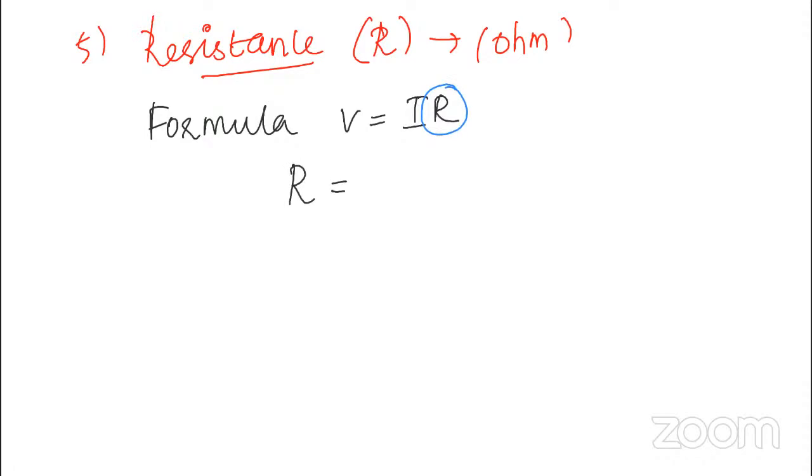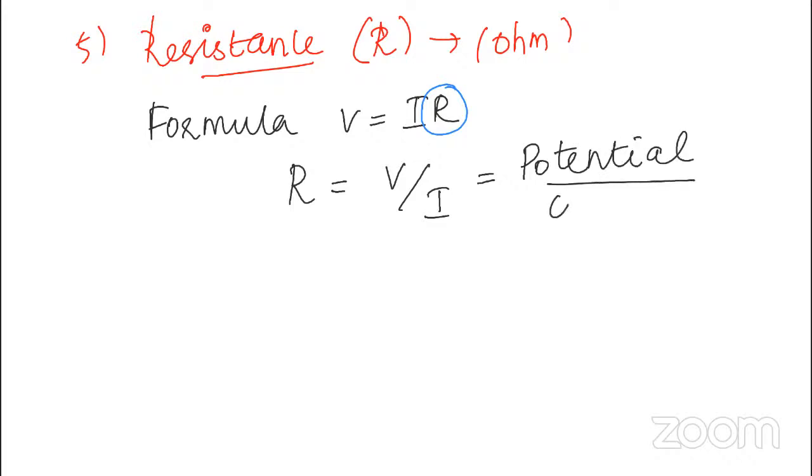R is equal to V by I, that is potential by current. Now substitute the values directly.